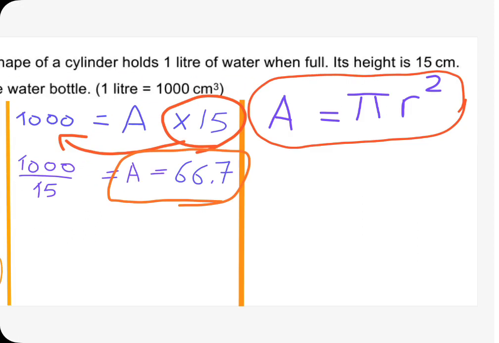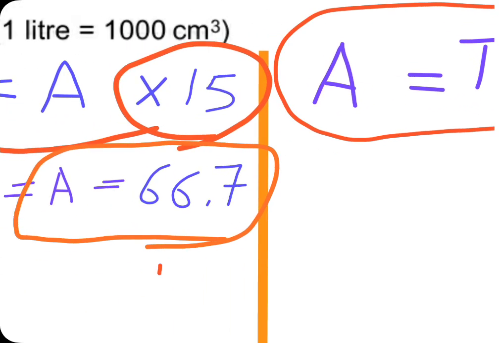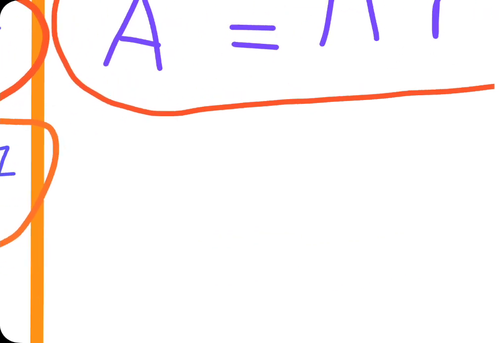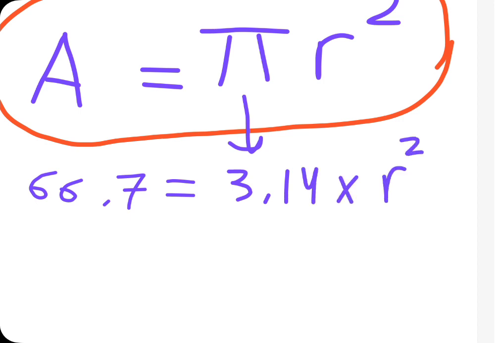Now, we know pi, and we want to find r, and we know the area. So, the area, 66.7 equals pi, which is 3.14 all the time, multiplied by r squared, which we don't know.